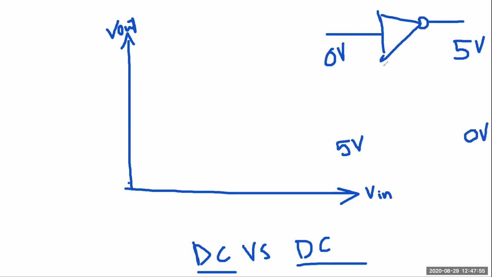Because 0 means actually 0, and we are getting 1. 5 means 1, we are getting 0. If you give 0, you are getting 1. If you give 1, you are getting 0. That's it, we know it. But what will happen if I give 1 volt? How much output will you get?